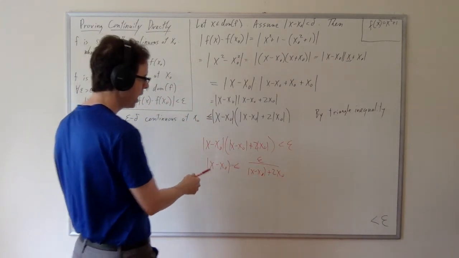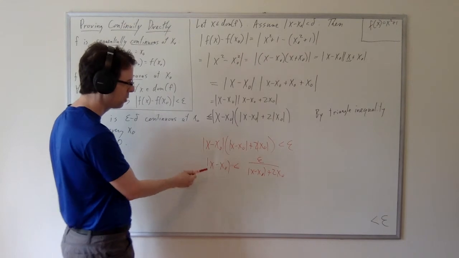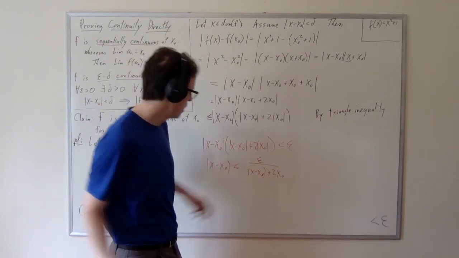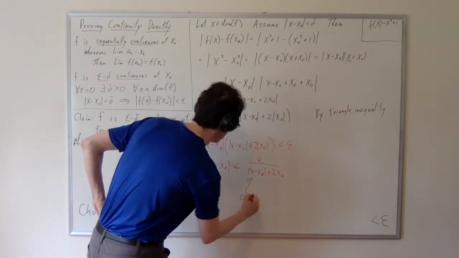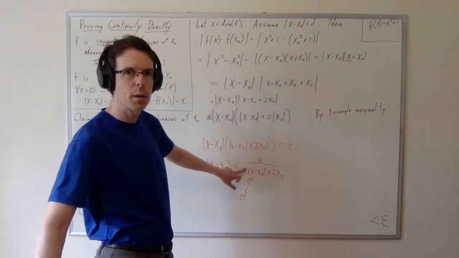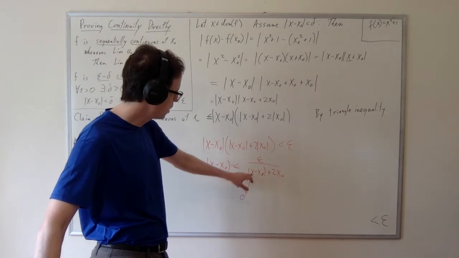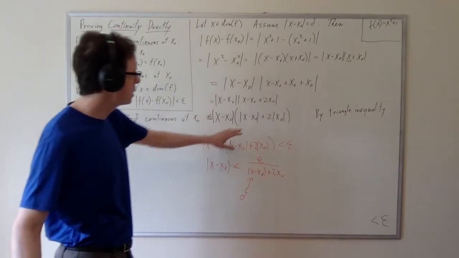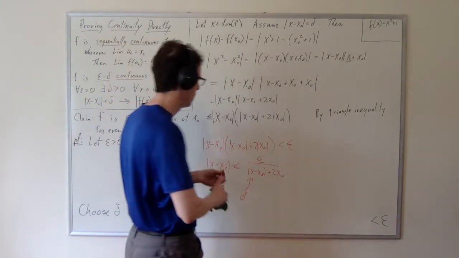And okay, this is correct algebra, but it's not correct logical thinking, because if I try to assign the value of delta to that, then I will get myself into a situation where delta depends upon x, which is the fundamental error that we had before. And so I'm still not in a position to divide by this.